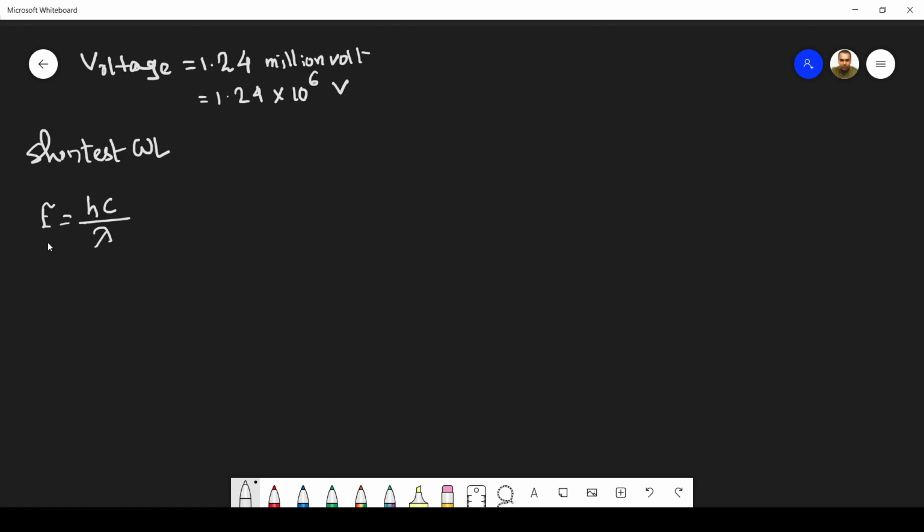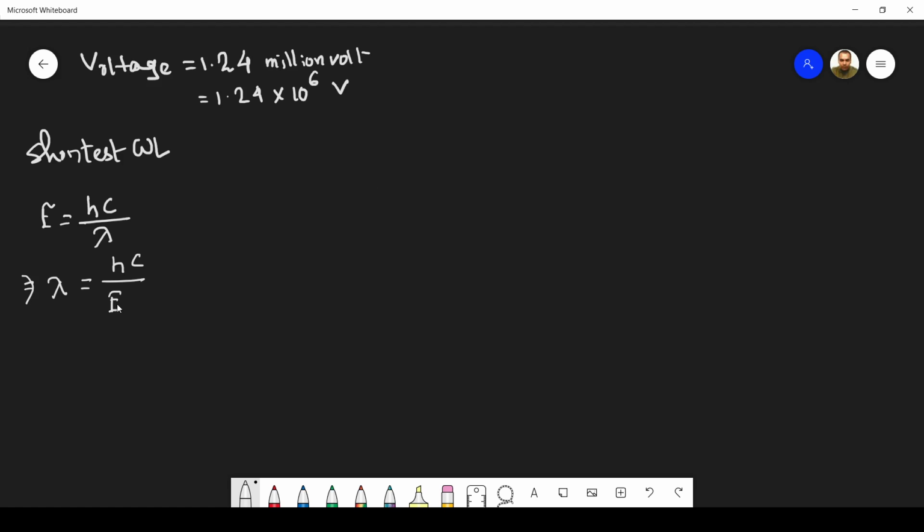If you supply this much energy, with lambda as the wavelength, the energy is hc divided by lambda. So the expression for lambda, the wavelength, would be hc over E, where E is the energy.